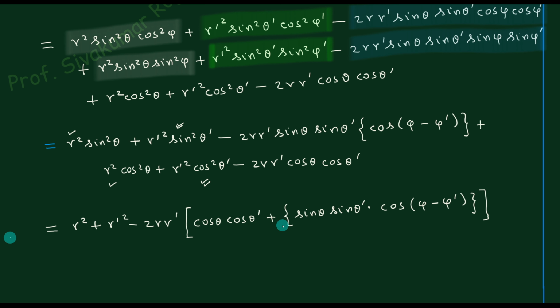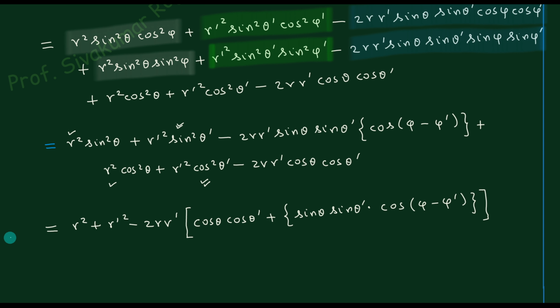But this bracket I am putting optionally, otherwise you think that these two can be added. Your mind will always work like that, no? These two if you add, you can always write as cos theta minus theta prime, but that is not correct because there is a product here. So to avoid the possible mistake, I am putting an additional bracket here. That point you take care.